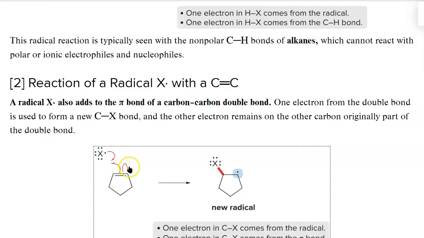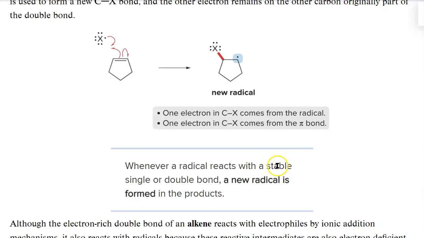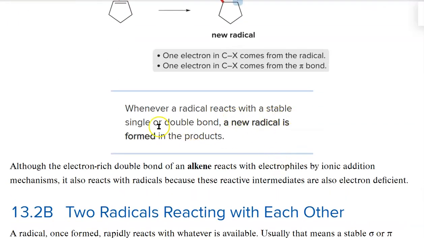But the other electron in the pi bond goes to this carbon and stays there as an unpaired electron. So we get a radical. If a radical reacts with a stable single or double bond, you get a new radical formed.